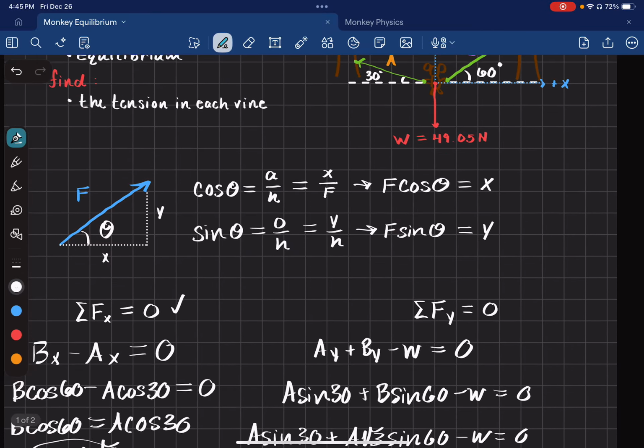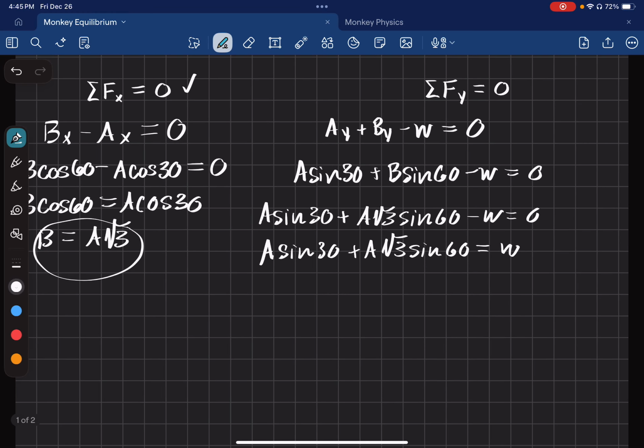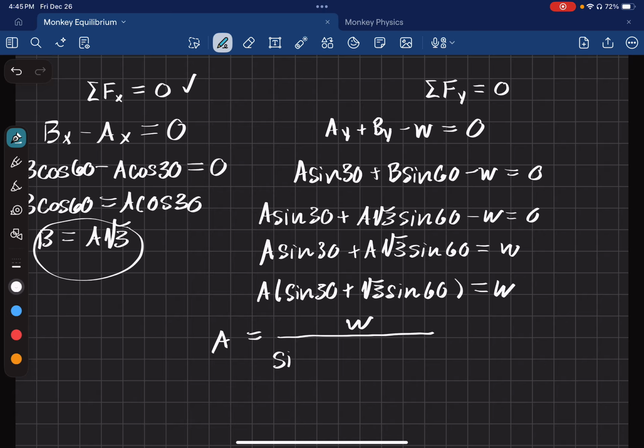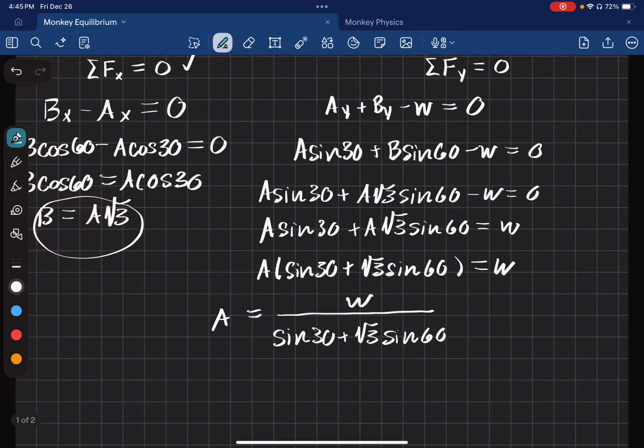We know W is 49.05. So I factor out A, and then I divide to get it all on the other side.